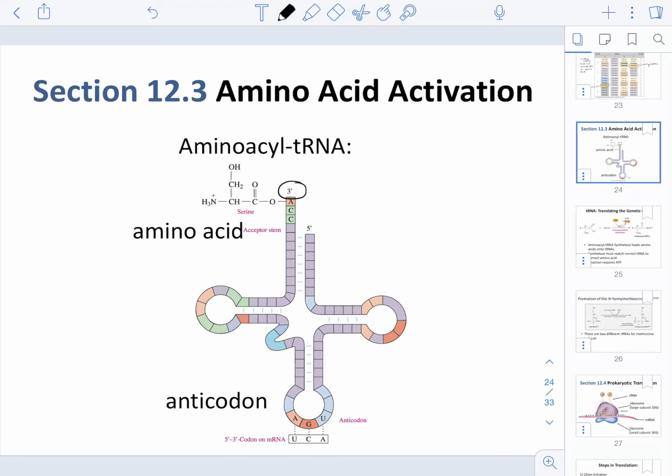In addition, we're going to have a portion called an anticodon. Remember that the anticodon is a sequence that is complementary to the codon in the mRNA. And that's how the tRNA knows which amino acid is going to be incorporated into the growing chain of a protein.